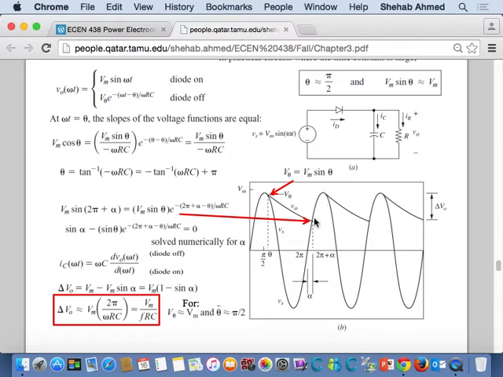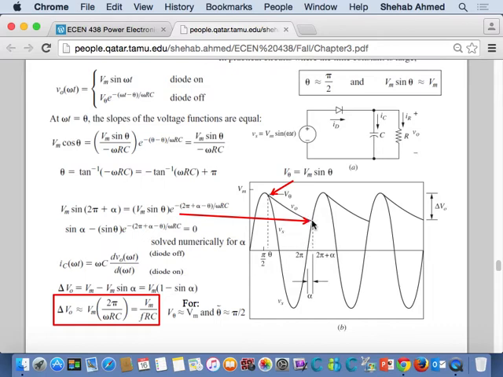The minimum value occurs here. It's the intersection of two waveforms, correct? It's the intersection of the exponential and the sine wave, the sine wave at 2 pi plus alpha. I call this alpha.